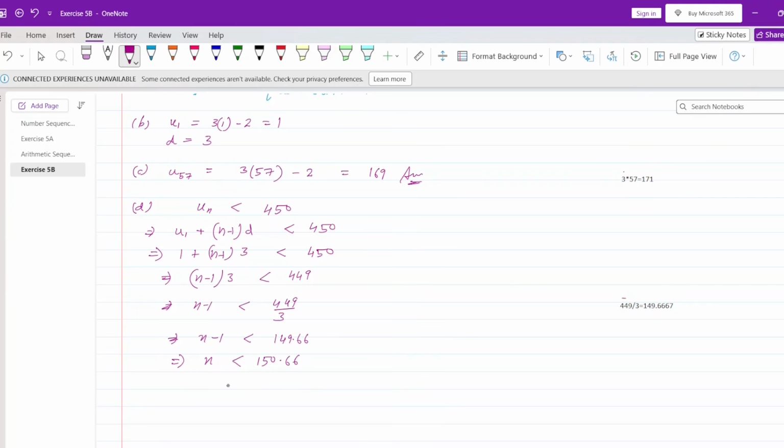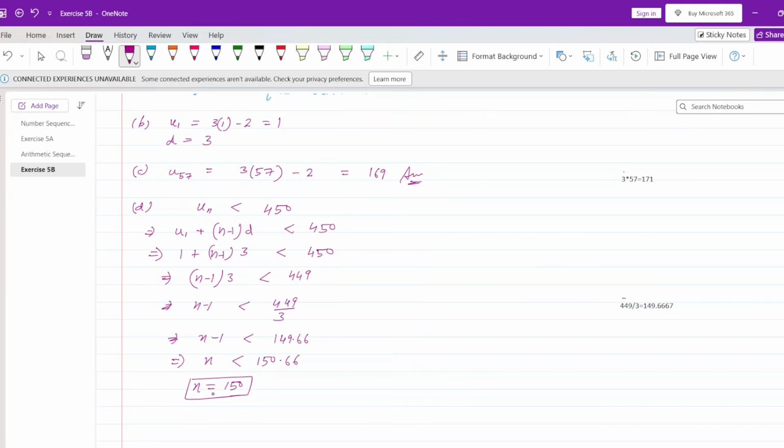And the value of n can never be in decimal form. It has to be an integer because we cannot have the 150.66th term. We can have either the 150th term or the 151st term. We cannot have a term in between. Therefore, n has to be less than this number and an integer. Therefore, the value of n is 150. 150 is less than this number and is also an integer.